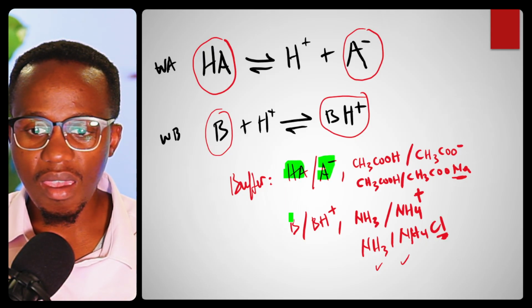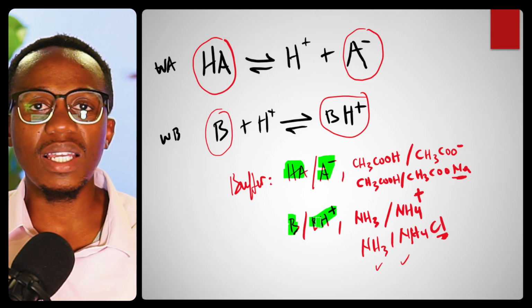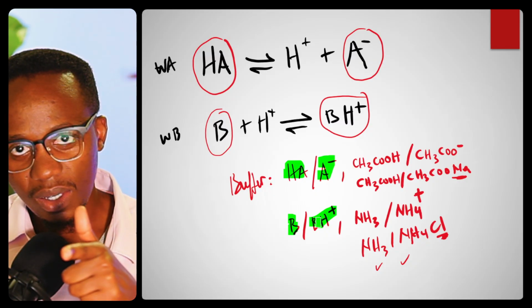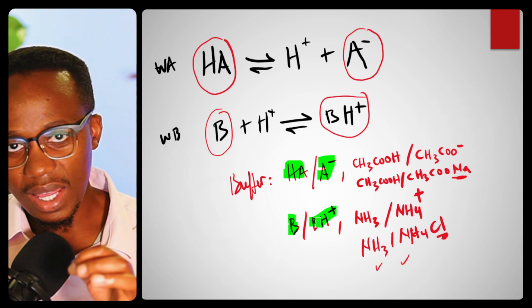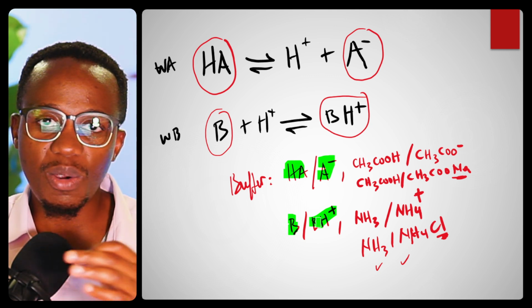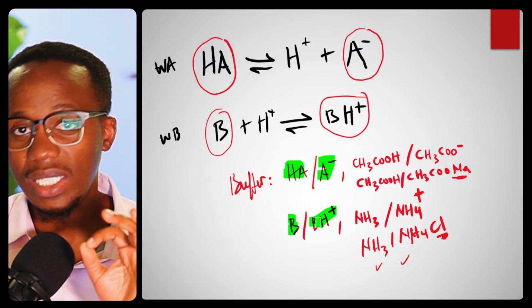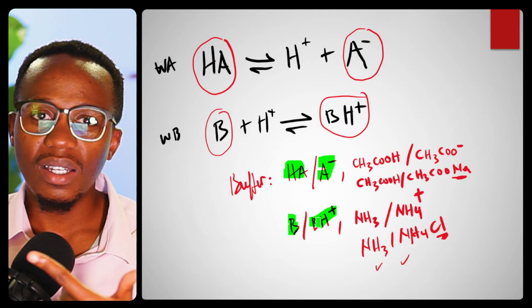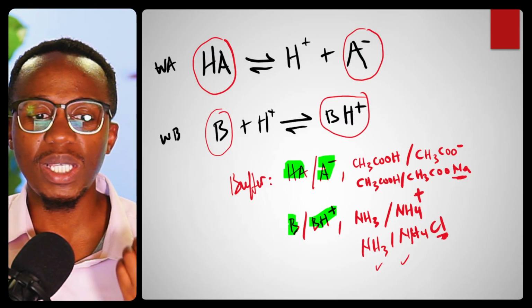So if you add an acid to your buffer, the base entity will neutralize it. And if you add a base to your buffer, the acid entity will neutralize it. Remember, neutralization is when an acid binds to a base to form water and salt.